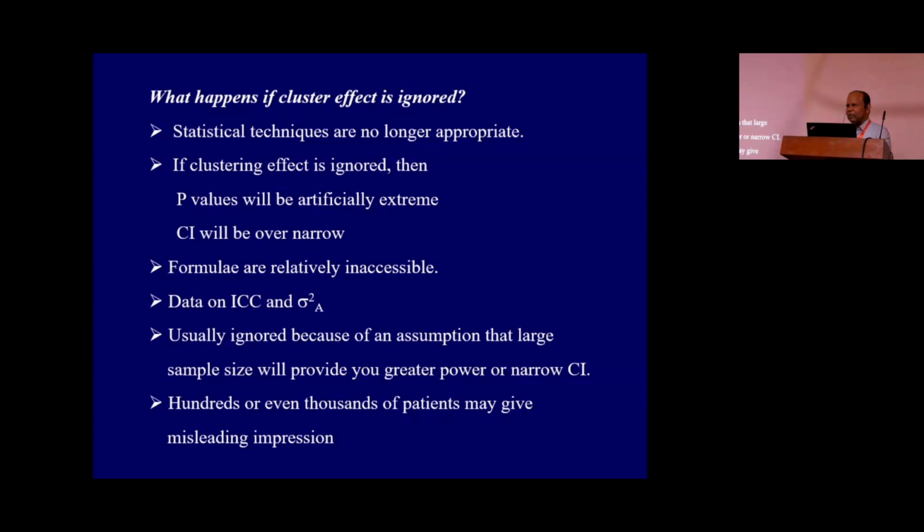Somebody asked me how exactly you put the ICC into the sample size calculation. It's very difficult. That is why in cluster sampling studies, the sample size is inflated conservatively by 2 times or 2.5 times, because you don't get the value of ICC reported anyway.